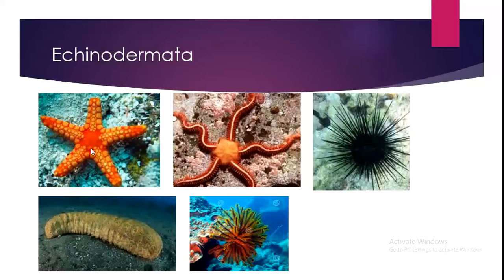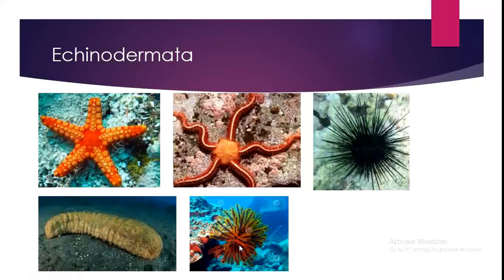When it comes to echinoderms, they show pentaradial symmetry. These are coelomates. They have a sharp, spiny body cover. Some of them are star-shaped. Some have cylindrical bodies. And some are flower-like.